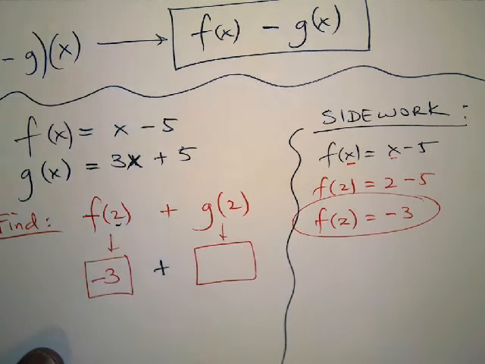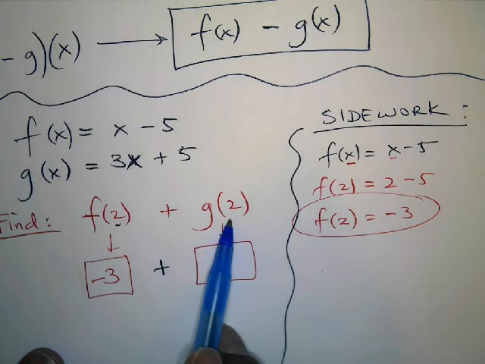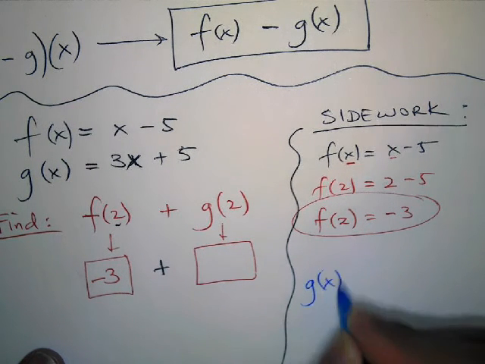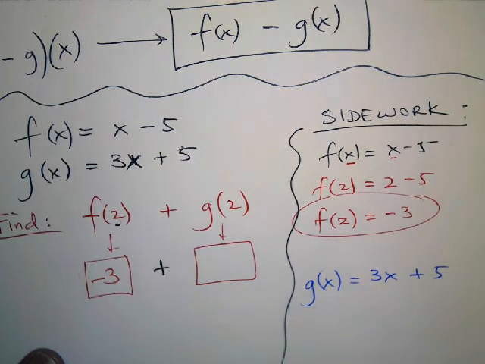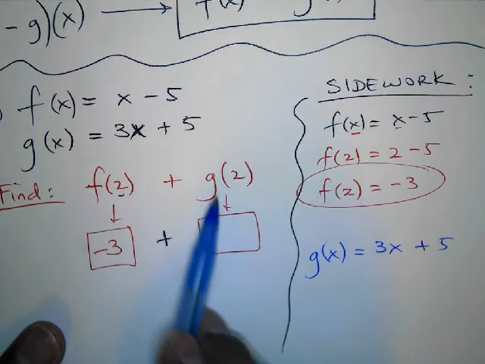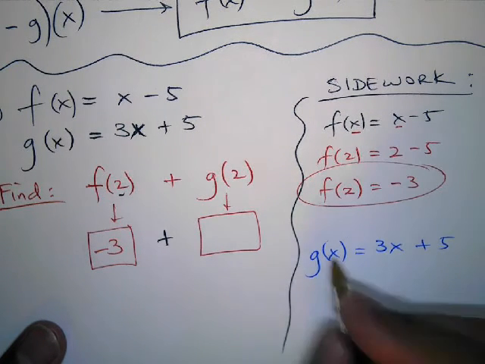I have negative 3 plus, and then I have to find g of 2. But in order to find anything with the g, I have to use the g function. g of x is equal to 3x plus 5. Now I'm trying to find g of 2 for this value.